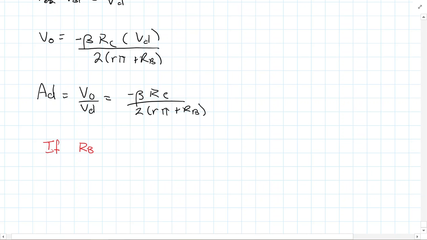If RB is equal to 0, AD is minus beta RC over 2 R pi, which is equal to minus GM RC over 2.